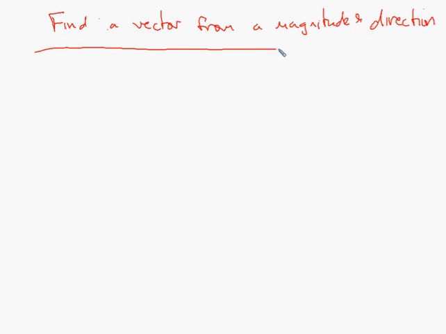Alright, now, let's find the vector from a magnitude and direction. Okay, so let's start with an example.